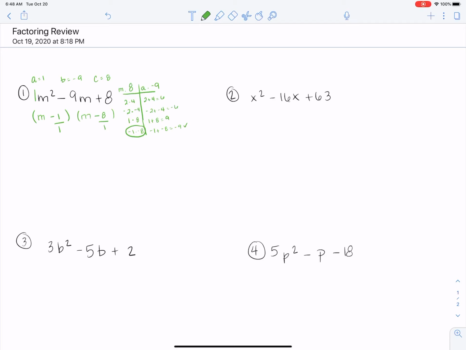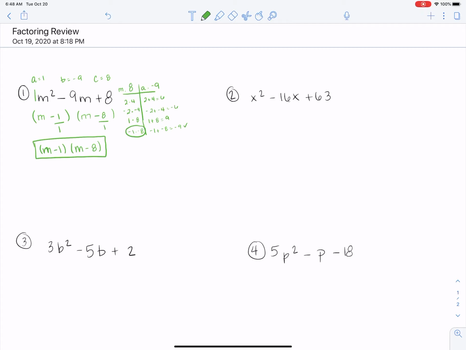If I divide by 1, nothing changes, so my factors stay m-1 and m-8. When you write your factors, it does not matter what order you write them in. If you wrote the m-8 first and the m-1 second, that'd be the same thing.